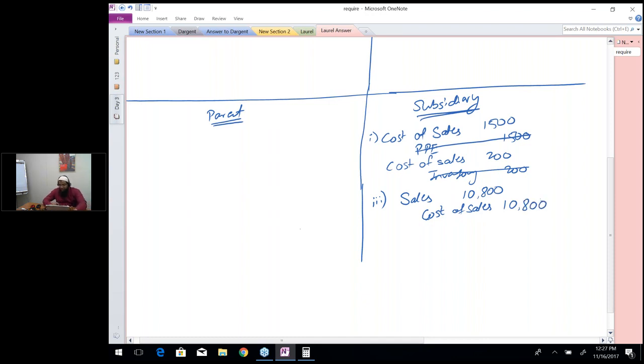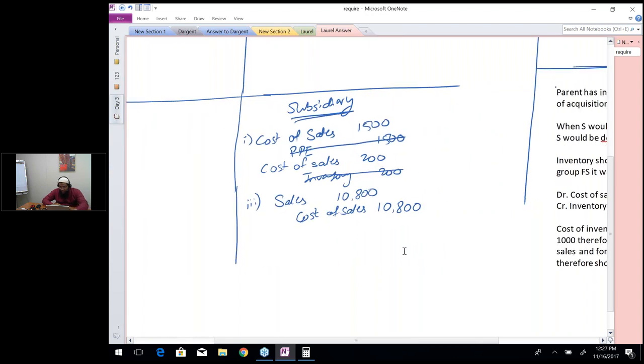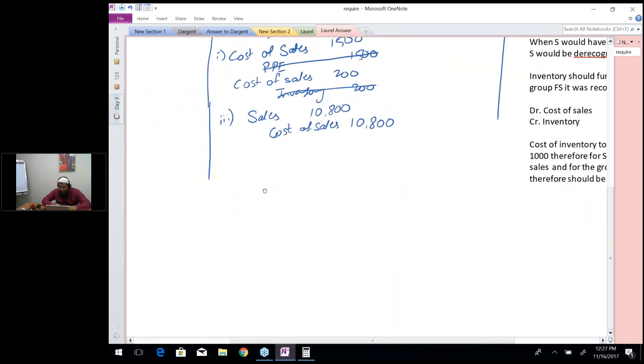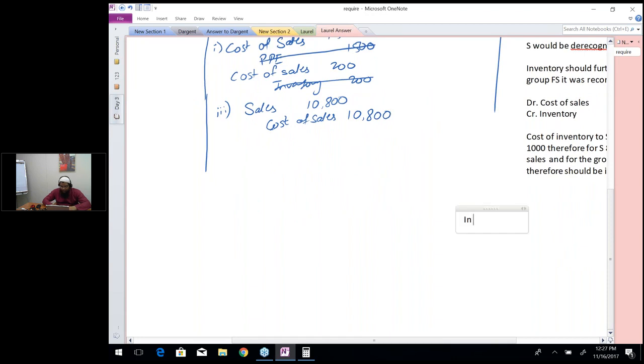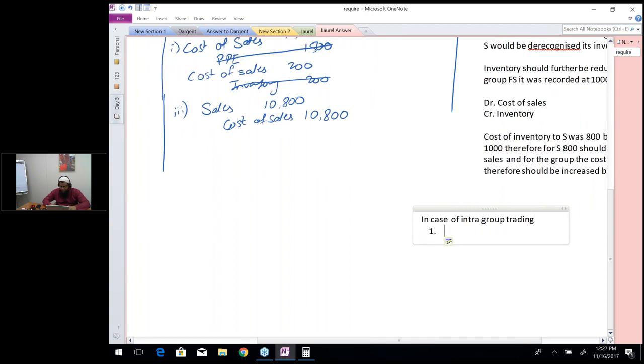Whenever there's an intragroup trading, you have to remember one thing. In case of intra-group trading, you have to prepare 2 entries. Entry number 1 is debit sales and credit cost of sales.